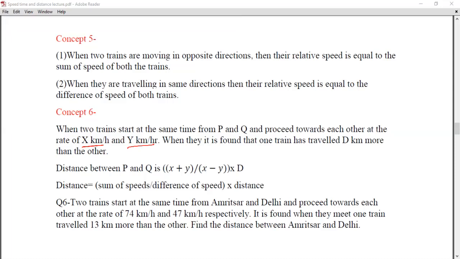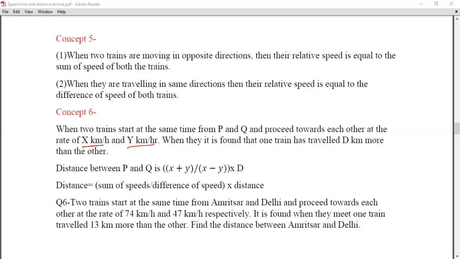So when the two trains start at the same time from P and Q and proceed towards each other, basically we can say that they are opposite in direction. When they are approaching each other at a speed of x kilometer per hour and y kilometer per hour, it is found that one train has traveled d kilometer more than the other.